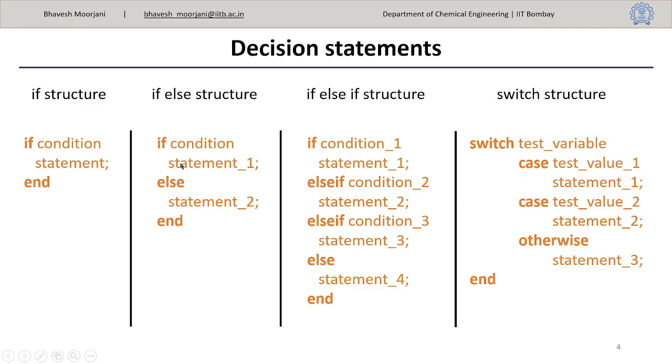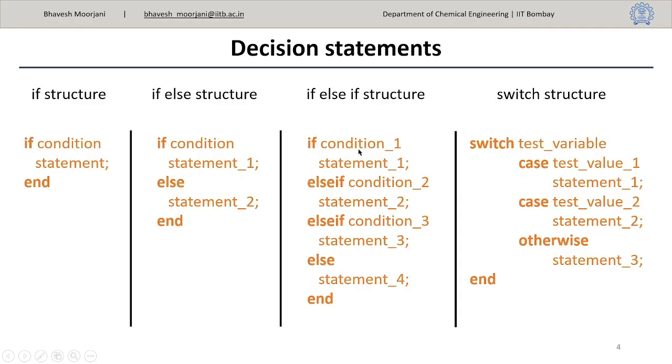There you provide two conditions: if the first condition is true, execute statement 1, else, if it is false, execute statement 2. So with this loop you are covering two scenarios. Compared to the previous loop, where only if the condition was true would that statement be executed, else it would move ahead.